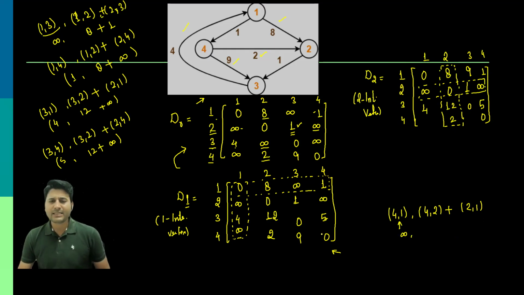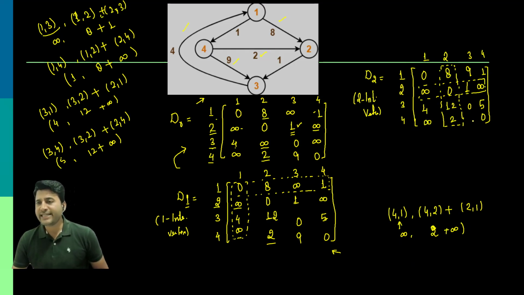It is infinite. 4 to 2 is given as 2. Then 2 to 1 is given as infinite. So this entry will also come out as infinite, the minimum of these two. So let us make it infinite.